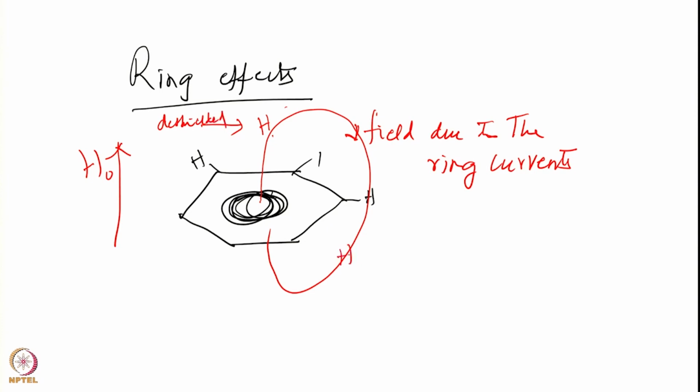If I have a proton here which is in this direction, the induced field is going like this. So, this will be screening, as it goes in the opposite direction. So, the field will be reduced, this is shielding.